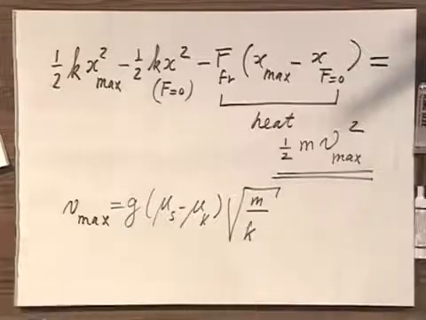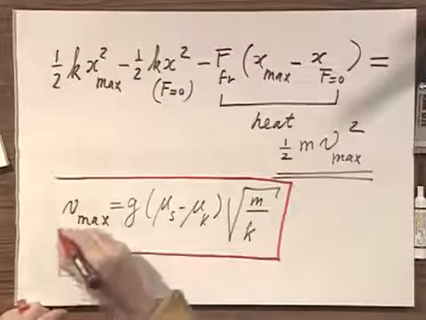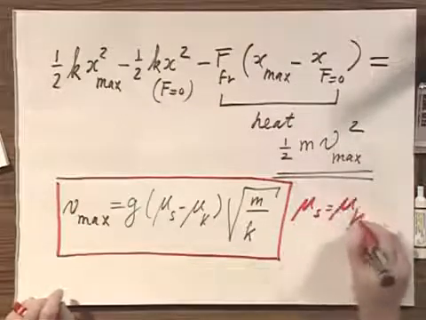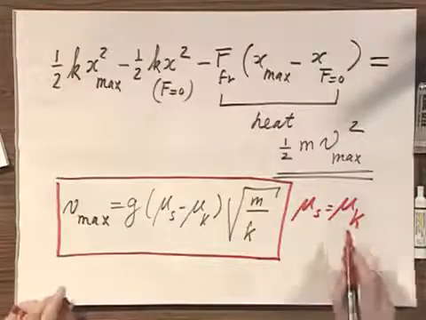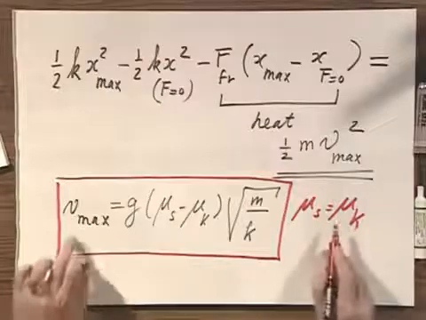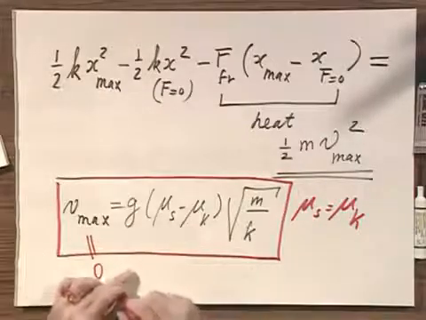And let's see whether we understand this result. It's always nice to do a few simple checks. Suppose mu s equals mu k. It's clear that if that's the case, the object will never start moving. And you'll find indeed that Vmax equals 0. If you have a static friction coefficient which is the same as the kinetic friction coefficient, if I just tap that object, it's standing still, just hanging in there.